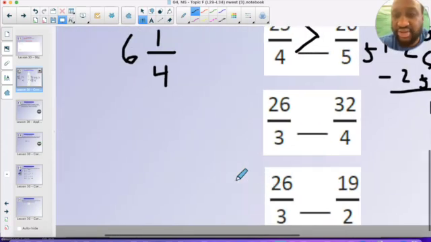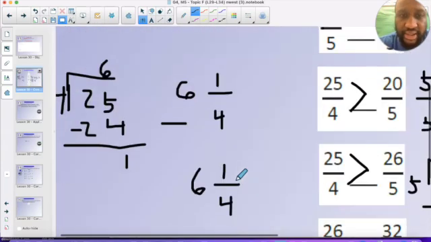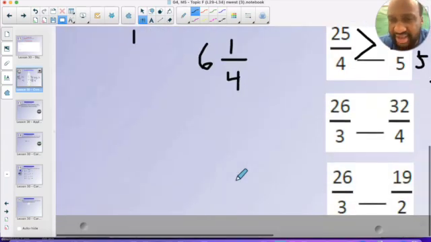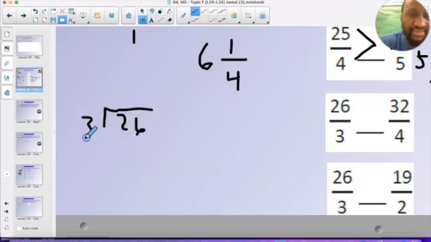Next one, 26/3 and 32/4. I'm going to just divide both of these really quick. So how many times can 3 go into 26? Or how many times can I take 3 away from 26? So I'm going to put 26 in the box. That's the amount of pieces I have. And I know every 3 pieces make a whole.